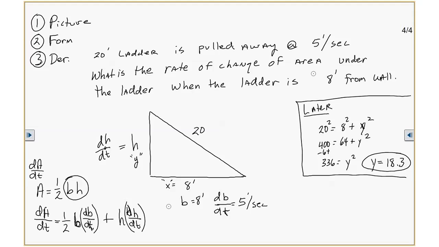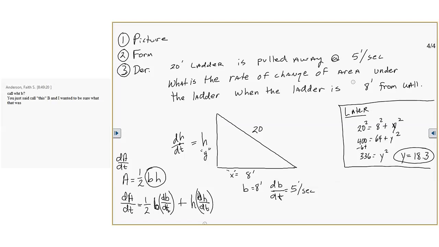And you can change this to dA dt is equal to 1/2, and then b would be x, and then this would be dx dt plus y dy dt. Okay, now we've not been given dy dt. We haven't got anything in there that's telling us what dy dt is. So we're going to have to put dy dt, or y, in respect to b. So how do you do that? Well, we go back to the Pythagorean theorem.